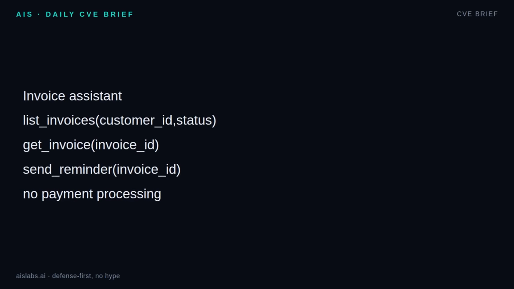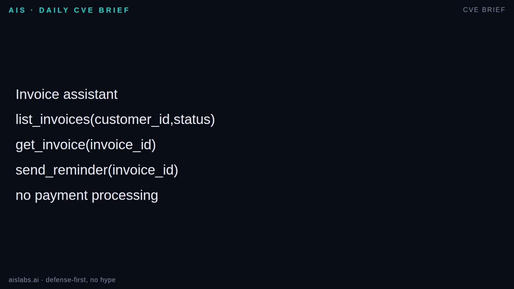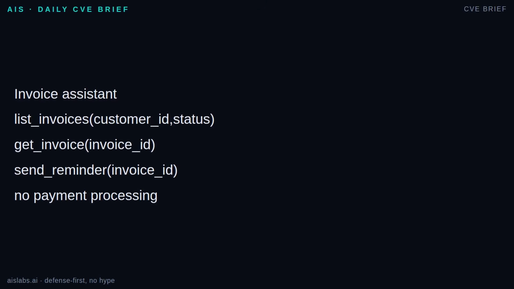Suppose you build a tiny invoice assistant. First version has get invoice, fetch invoice, invoice status, list invoices, list overdue, and send invoice email. A user asks, "show me overdue invoices for customer 42." The model might pick invoice status because status is in the name. Redesign it. Keep list invoices with customer ID and status for searching many invoices.